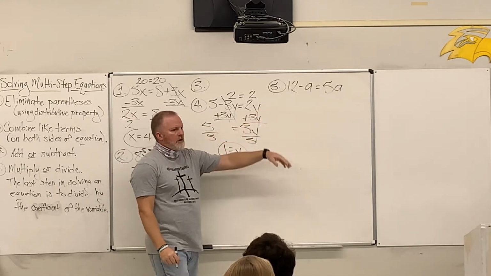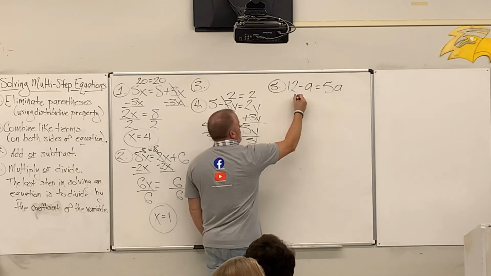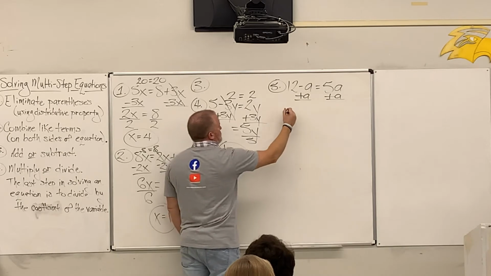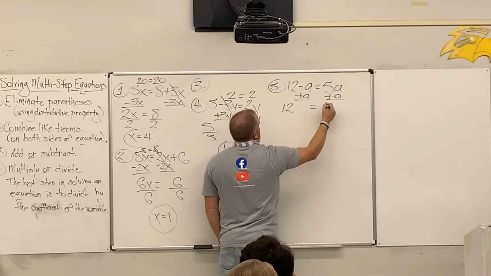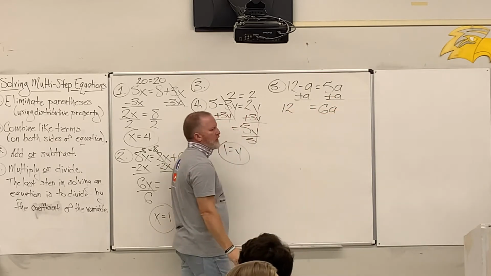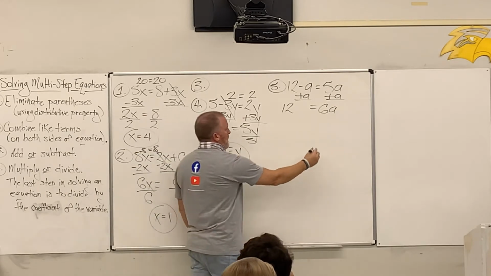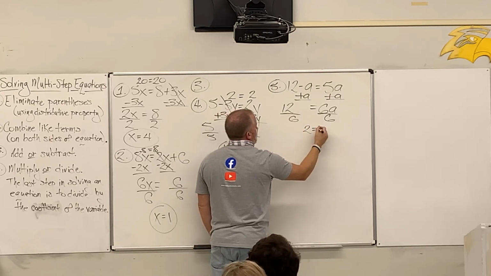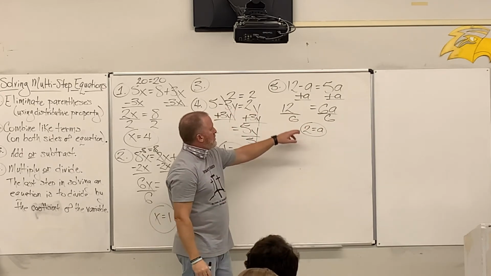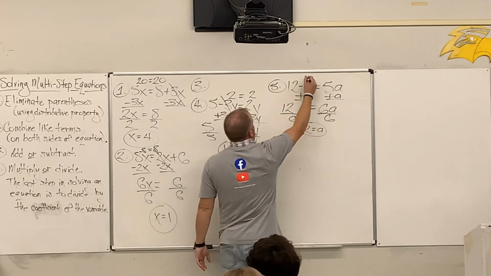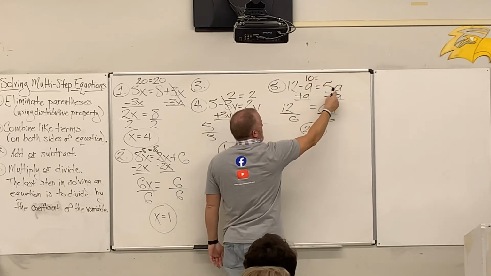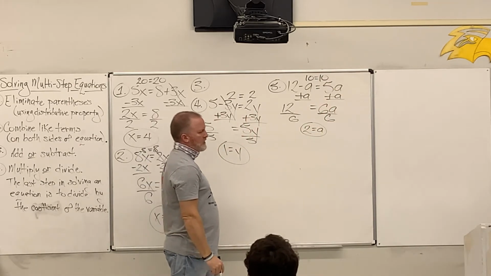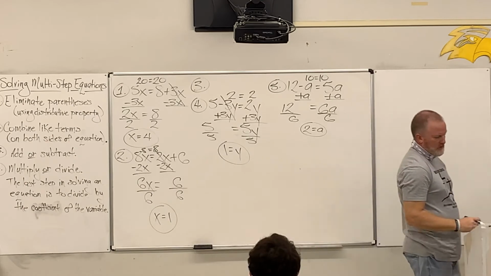You got A already by itself on that right hand side, so I can take the 1A over by adding 1A to both sides. 12 is equal to 6A, 5A plus 1A, and then divide by that coefficient, divide by 6. 2 is equal to A. And again, that should check out. 12 minus 2 is 10. 5 times 2 is 10. So both sides are equal. That's a true statement. 2 is the solution to that equation.